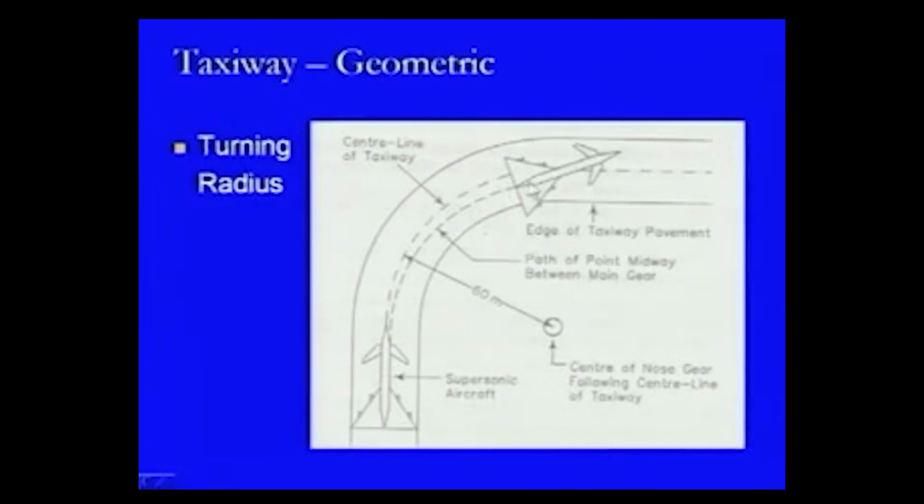So, there is such an orientation, and therefore we have to provide this curve in accordance, so that this aircraft is not going away from the edge of the taxiway pavement. That is the main thing which is to be maintained, and this type of condition should not get created.